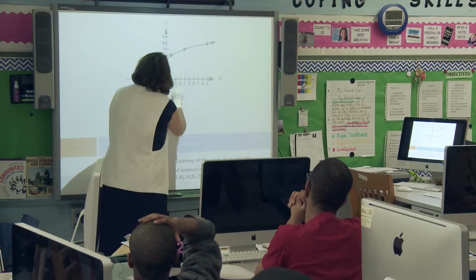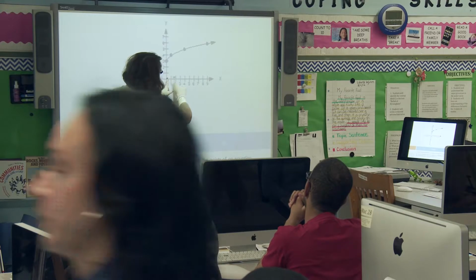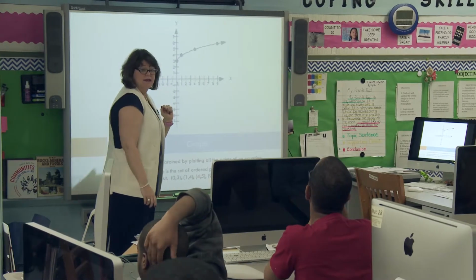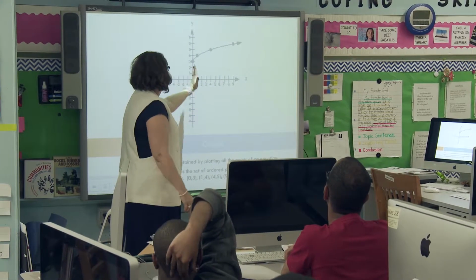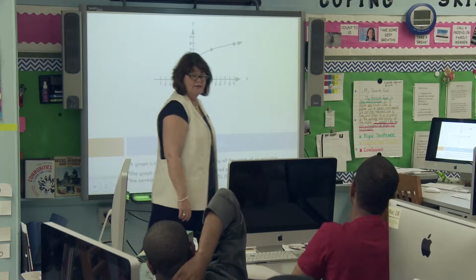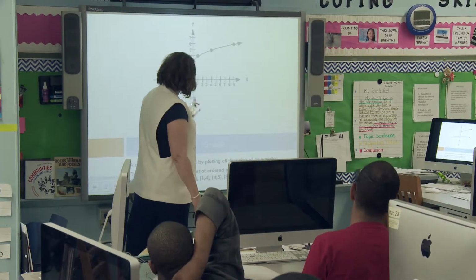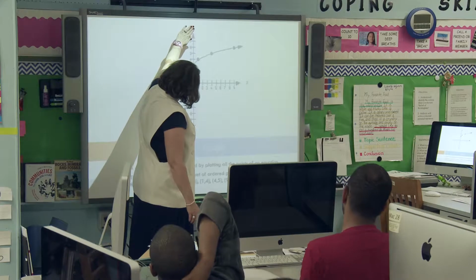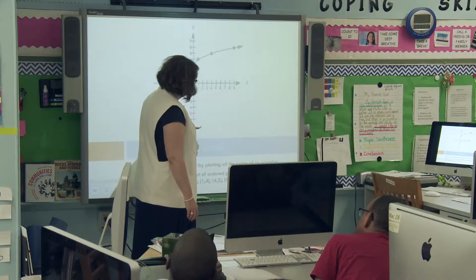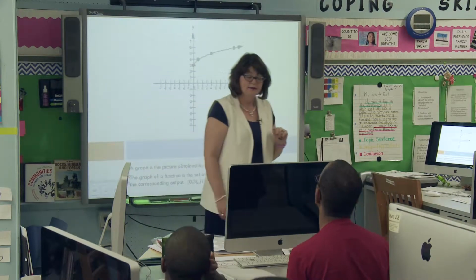Everything to the right of 0 is positive. Everything to the left is negative. Everything on the y-axis above your 0 is positive. Everything below is negative. All right?